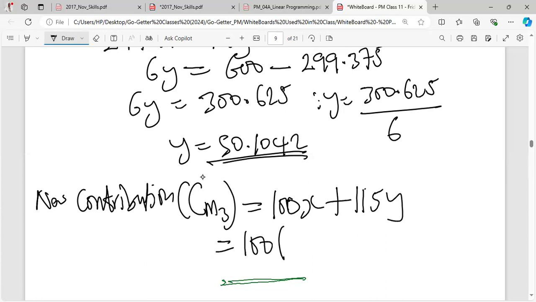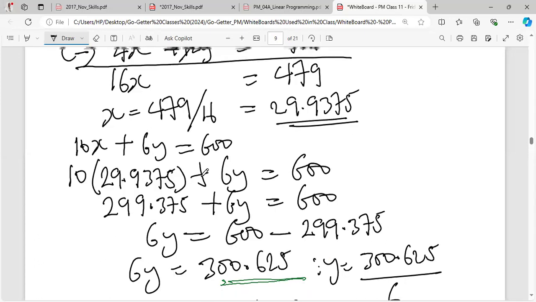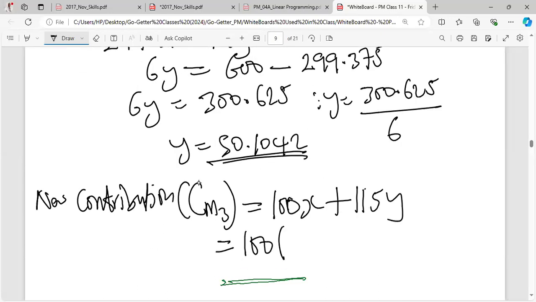X is, we said our x was what? 29.9375. Then your y is what? 50.1042.